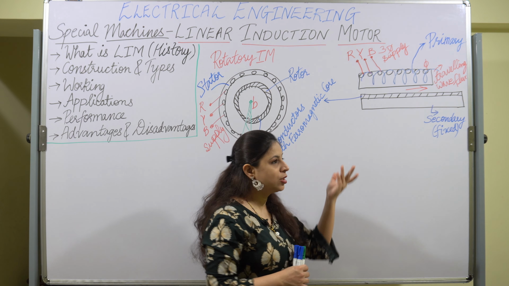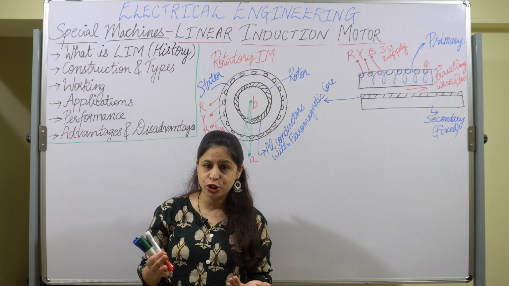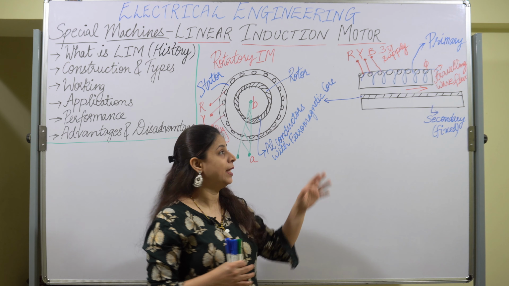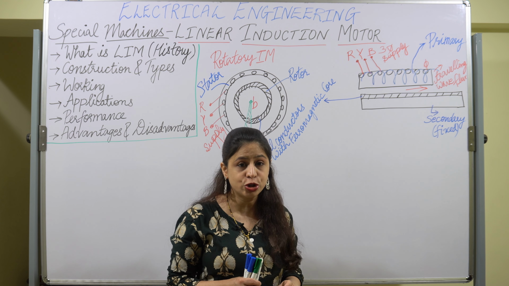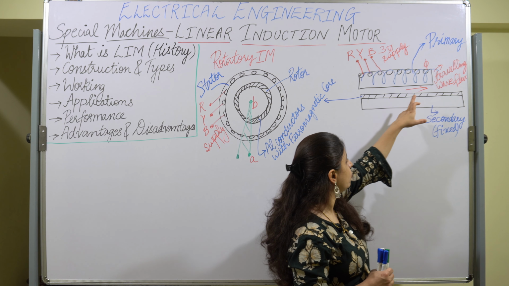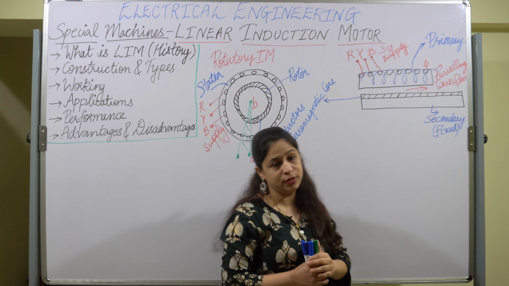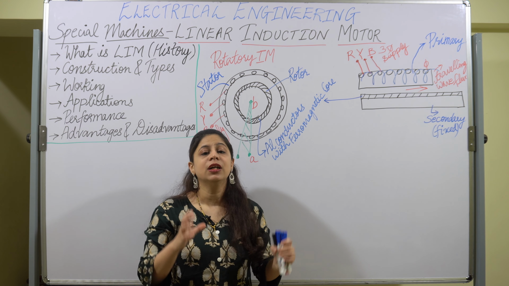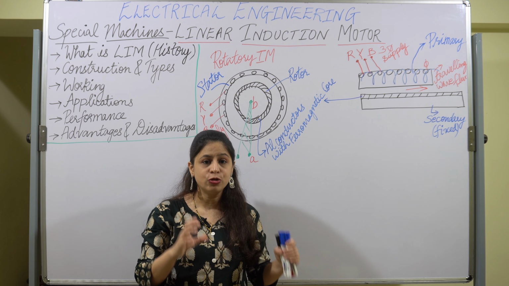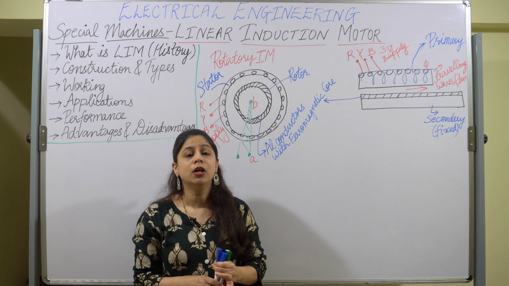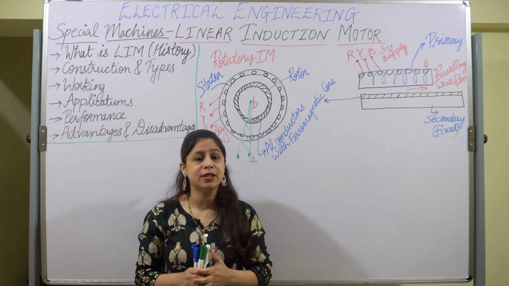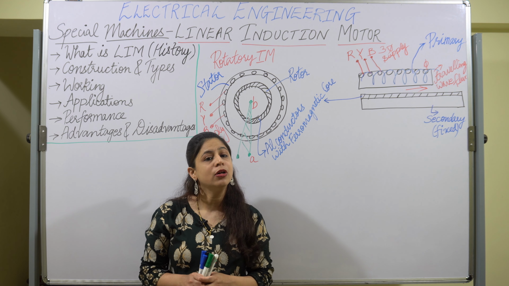So there is no change in the magnetic field, but there is surely a relative motion between this traveling wave flux and the aluminium conductors. Because of this relative motion, induced currents will be set up in the secondary of the linear induction motor.